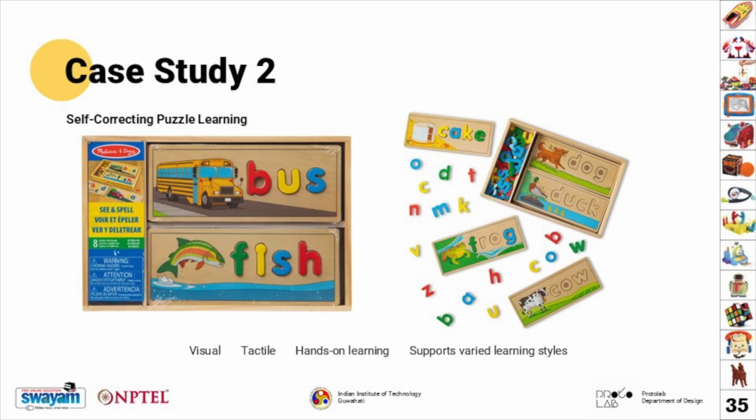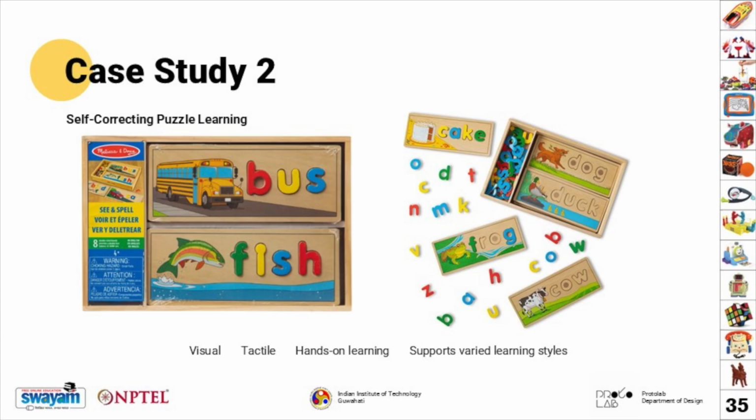The toy itself provides confirmation. Children with different processing styles, visual learners, tactile learners, and slower processors all receive the same guidance. Importantly, no one is told they are wrong.